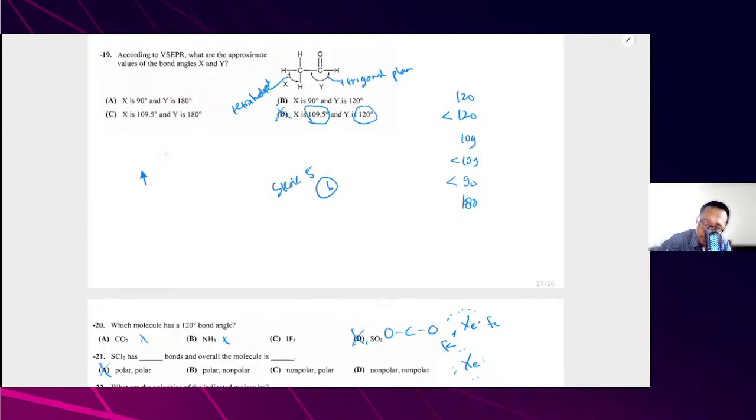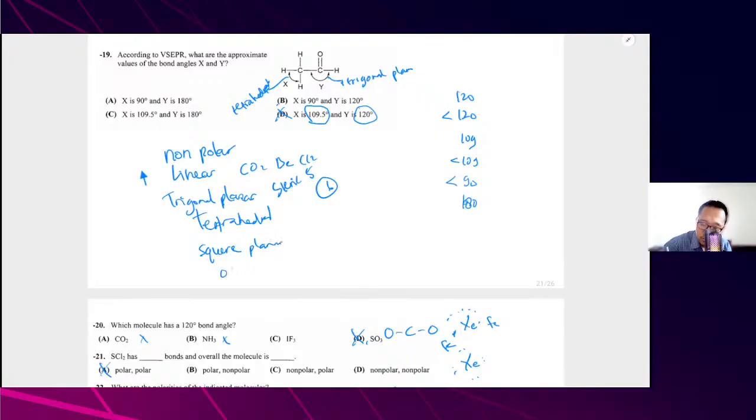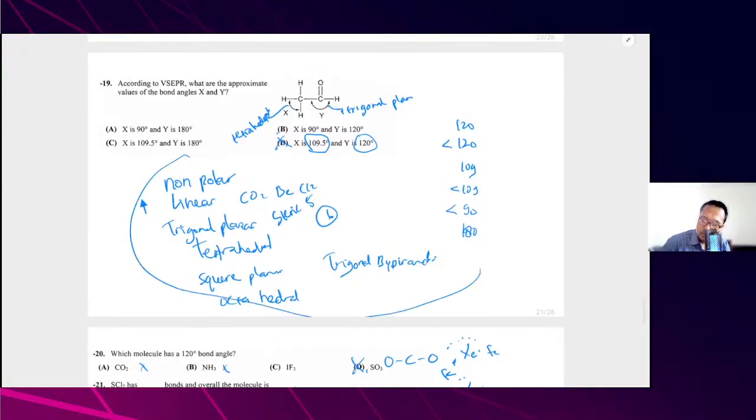For the non-polar, typically, common non-polar shapes are linear, such as CO2, BeCl2, and trigonal planar, tetrahedral, and then square planar, and then octahedral, then trigonal bipyramidal. Okay, let's memorize this one.